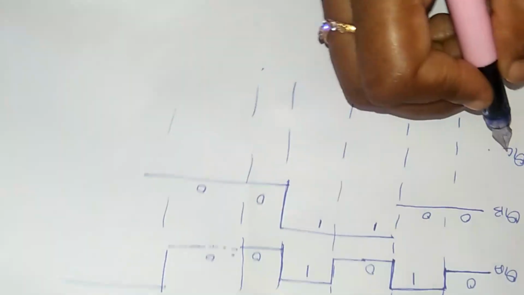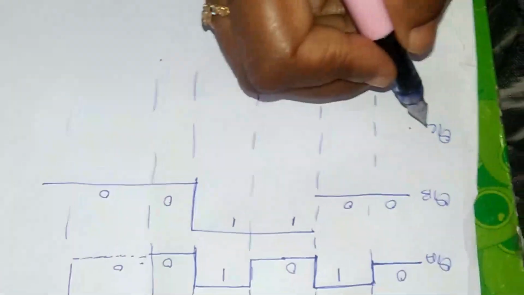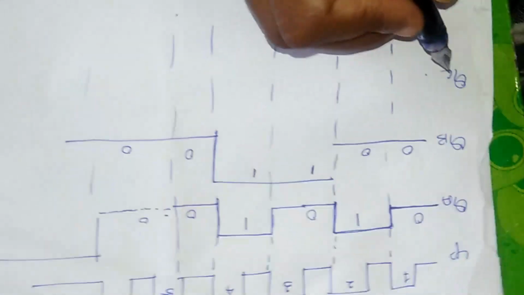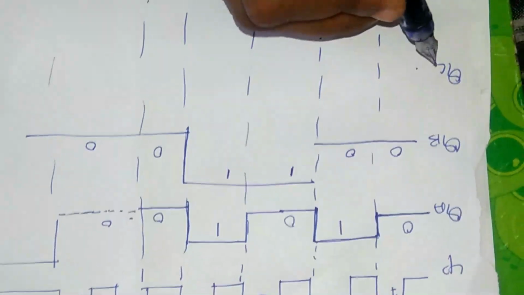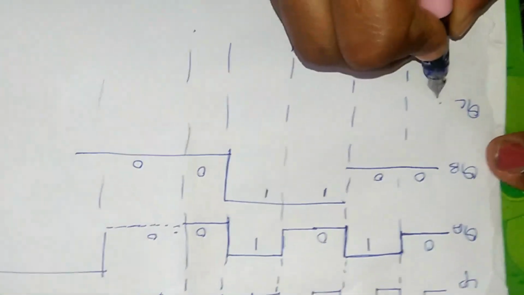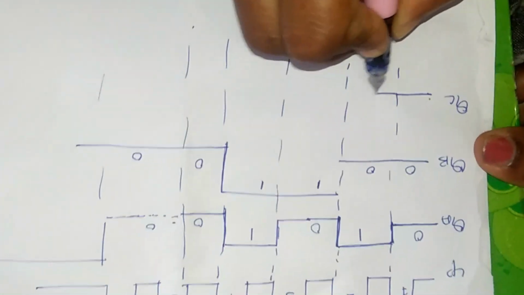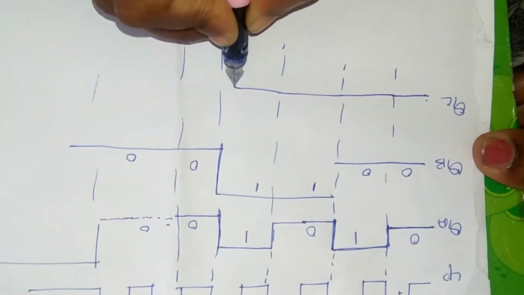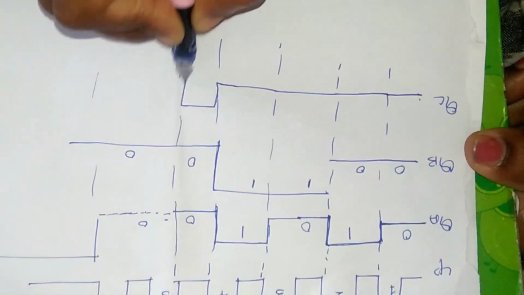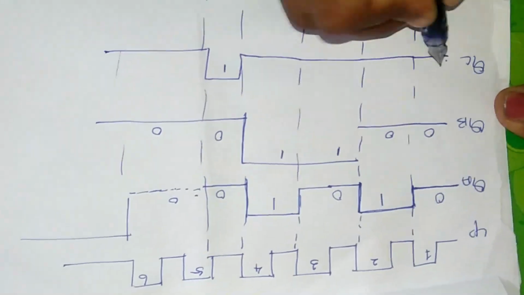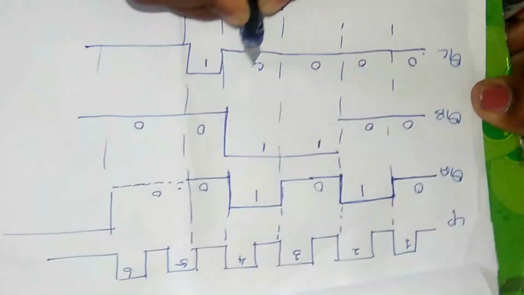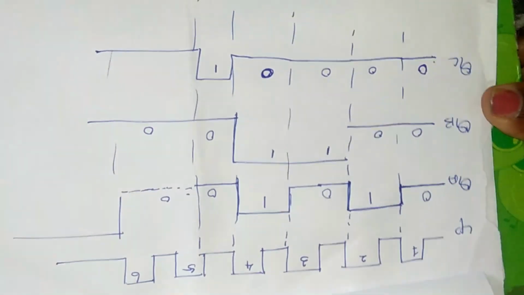For QC, you can just check the excitation table that we have derived. For QC it is 0, 0, 0, 0 and then 1, and then 0. So this is the status of the count of QC.